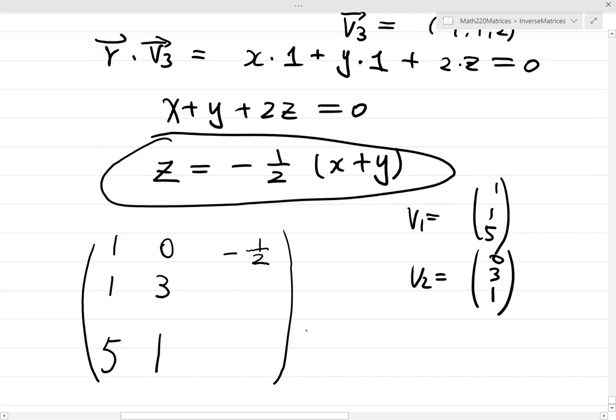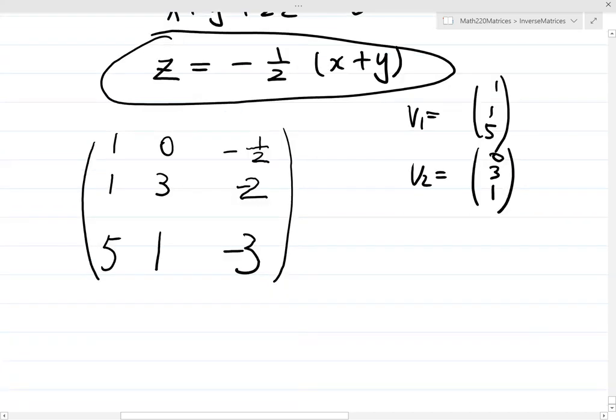Now the second column, X is 1, Y is 3, so Z is negative 1/2 times 4, which is negative 2. Now the third, X is 5, Y is 1, X plus Y is 6, so we get negative 3. So you check this matrix A satisfies the given property.